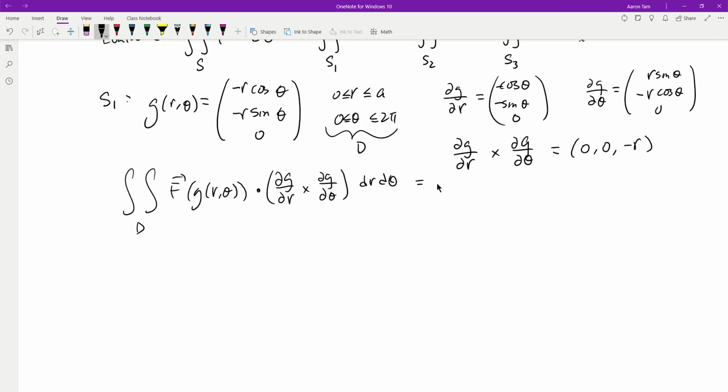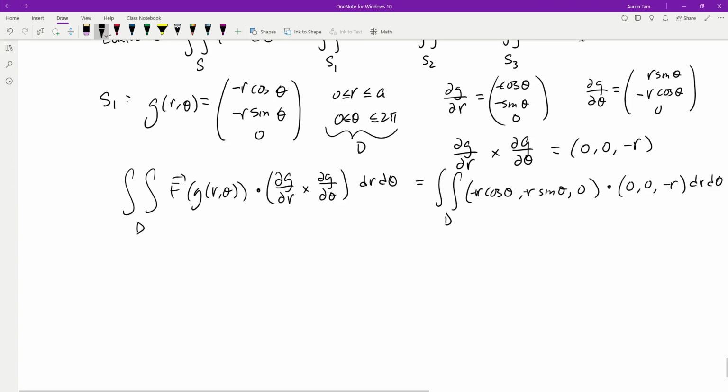So that actually comes out to be a double integral over D, negative r cosine theta, negative r sine theta, 0, dot product 0, 0, negative r, dr d theta.